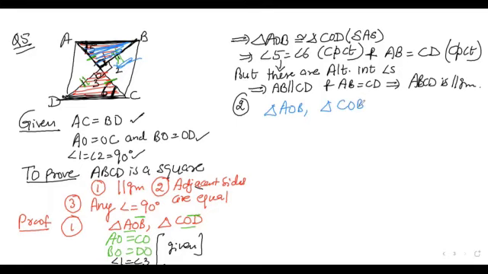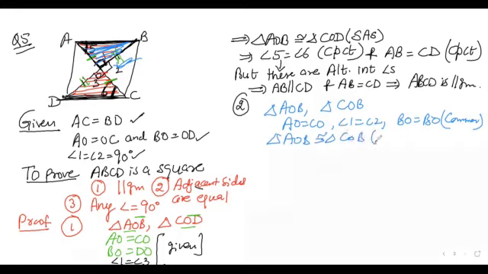In these two triangles, let us quickly take the length AO is equals to CO, angle 1 is equals to angle 2 and BO is equals to BO, common. So triangles are congruent by side angle side. So this implies the length AB is equals to length BC by CPCT, corresponding parts of congruent triangle.